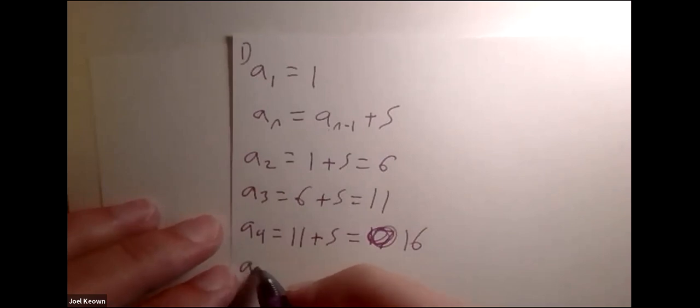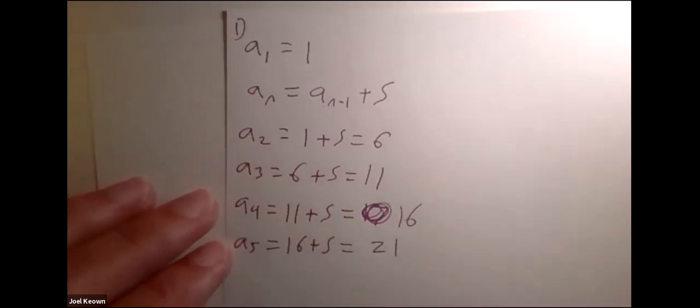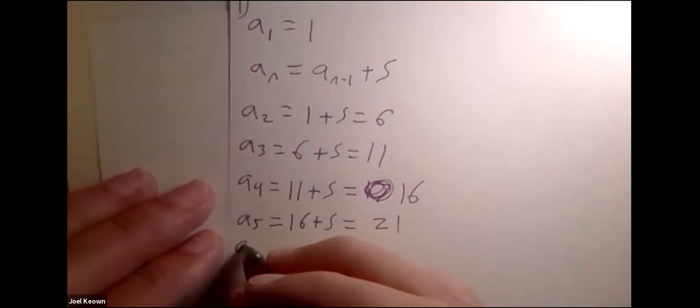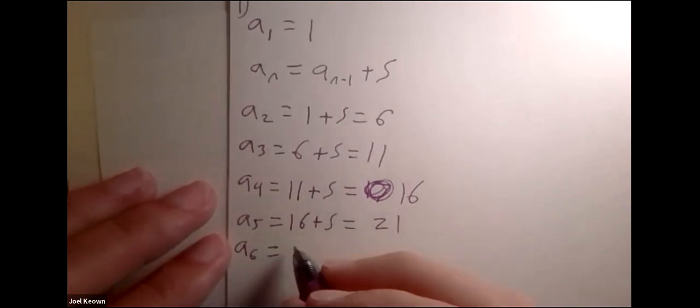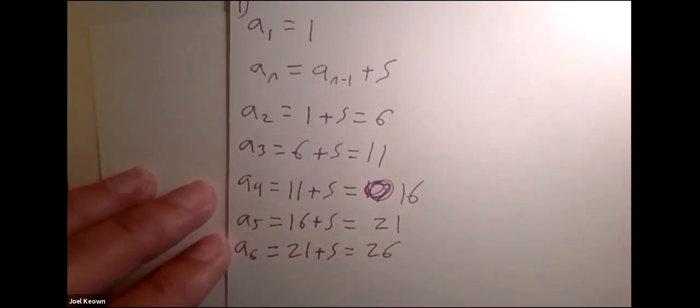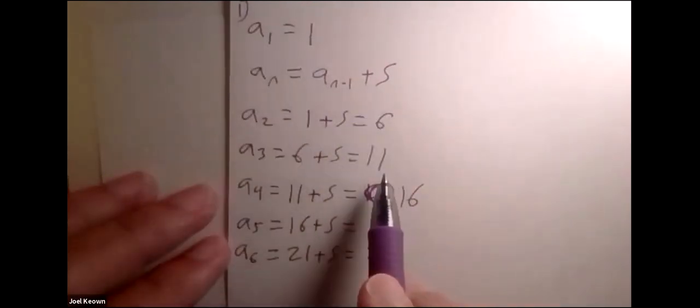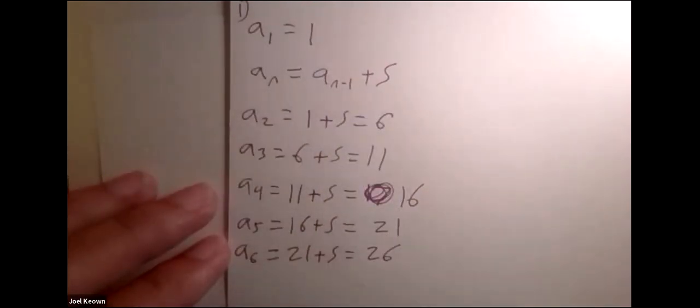And 16 plus 5 is 21. And then the 6th term, 21 plus 5, you get 26. Okay? I could list those out in order. There's our first 6 terms.